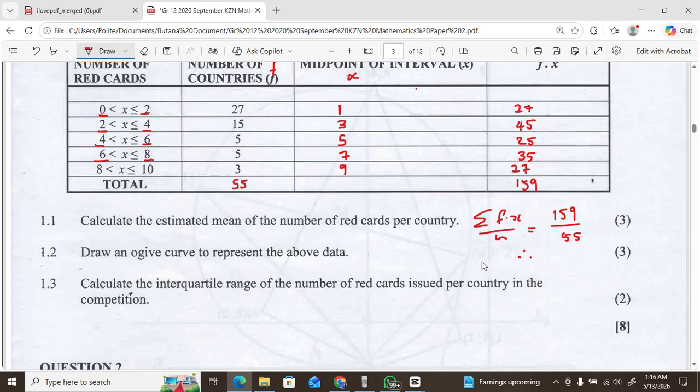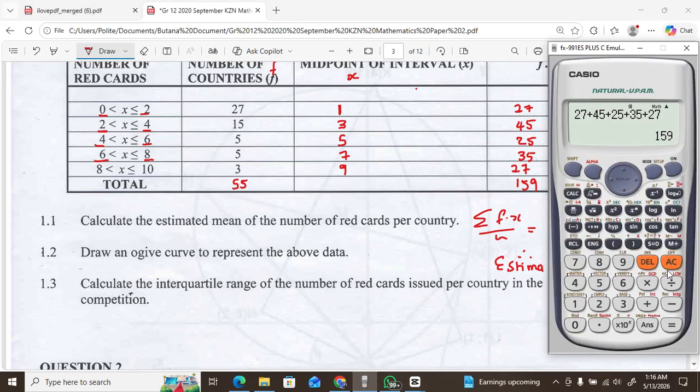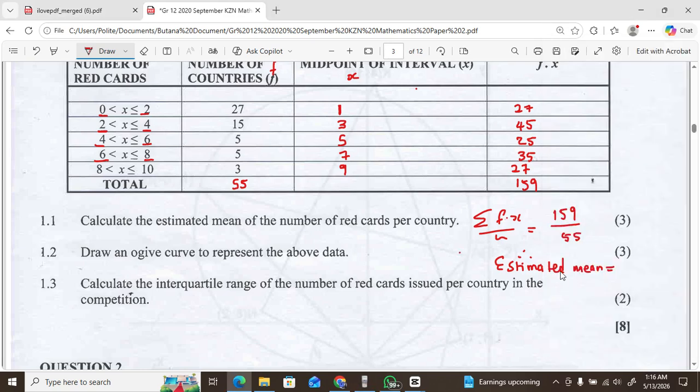So the estimated mean will be equal to, let's use the calculator, 159. I'm just going to divide the answer by 55. So this gives us approximately 2.89 if we round it off. So we're going to say the estimated mean is 2.89.